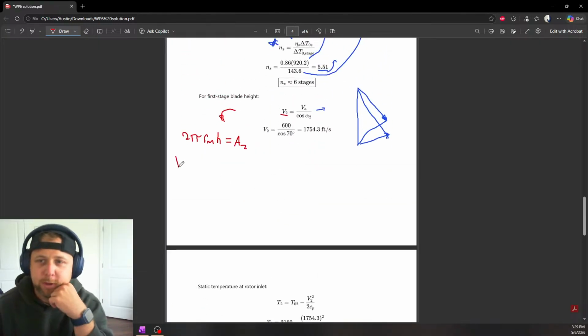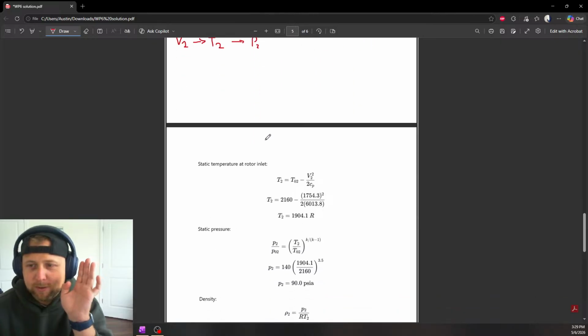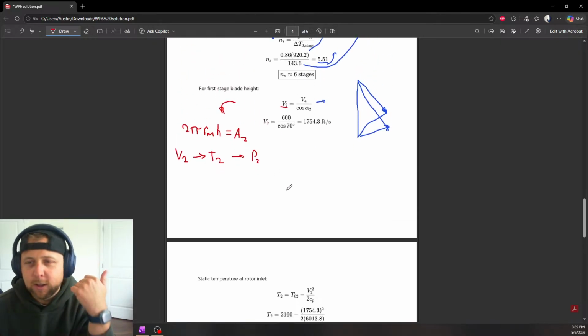Anyways, we're solving for V2 to get to T2 to get us to P2. So we're solving for velocity at the exit.